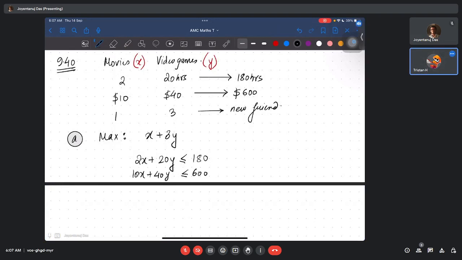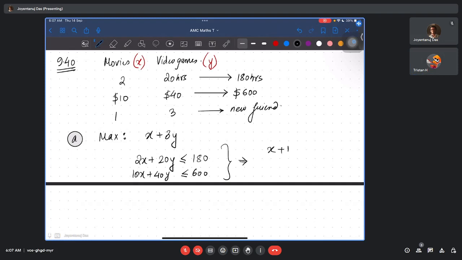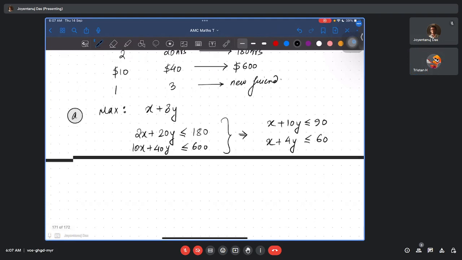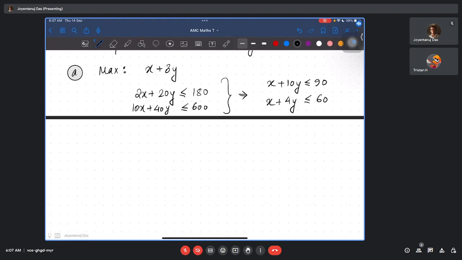Right. So if we simplify these, I get x plus 10y less than or equal to 90, right? Yes. And x plus 4y less than or equal to 60. Yes. So now we have to find the corner points. Okay, let's do it.